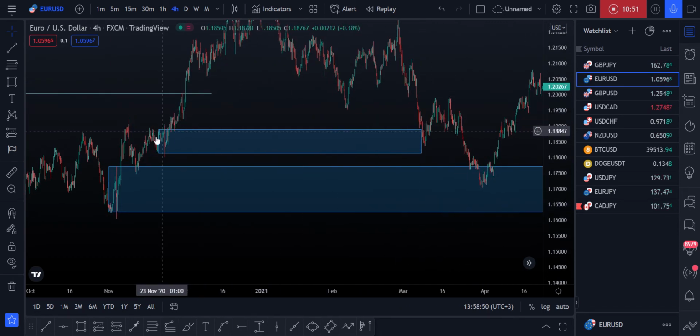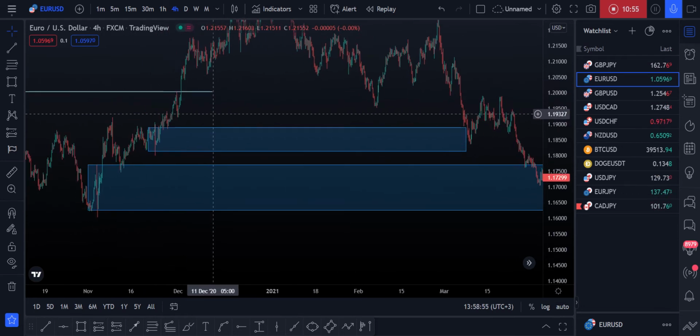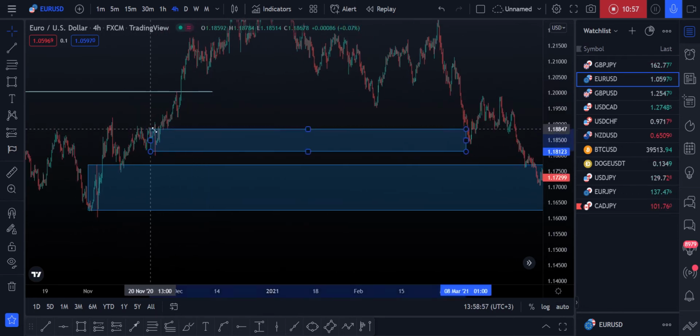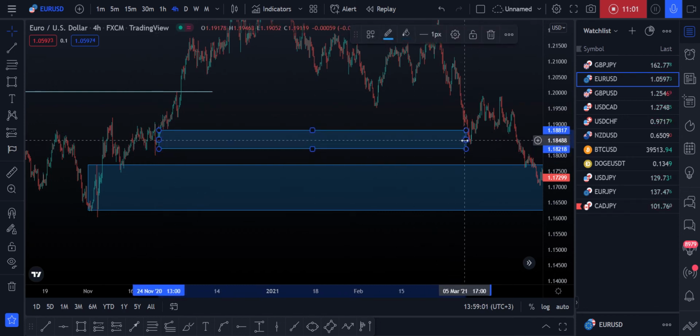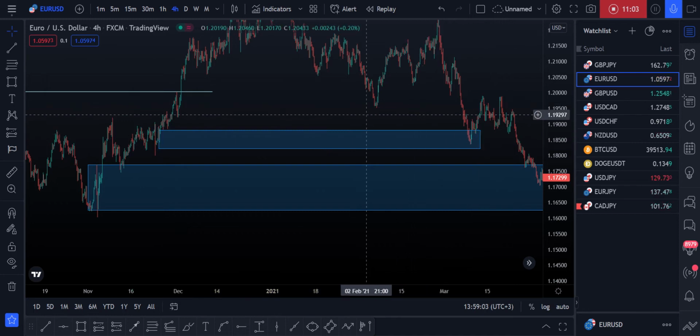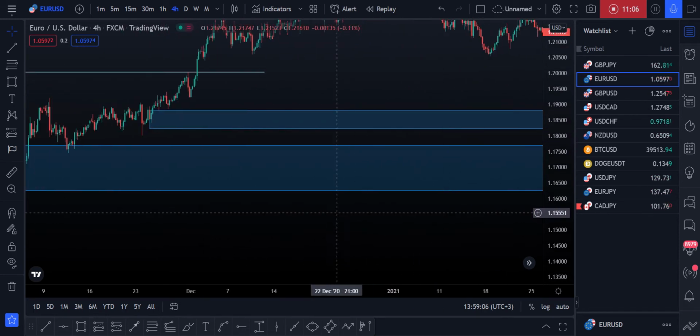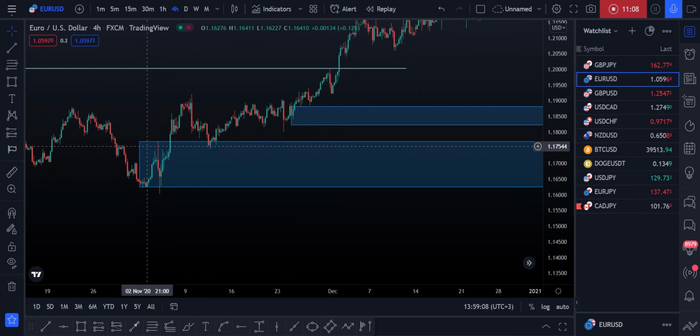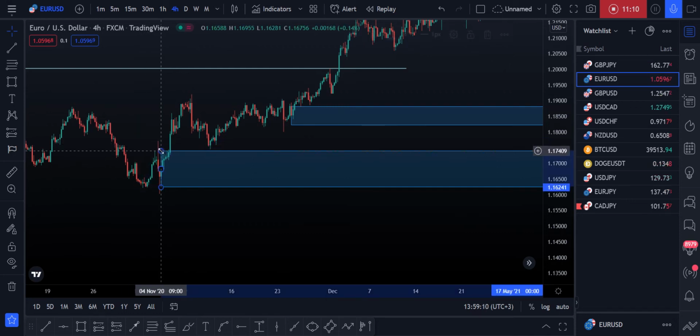So you can see this zone was the one responsible for the break of this high, and we can see that it comes down to something as small as this. And then here we can see that the zone is now reduced to this.